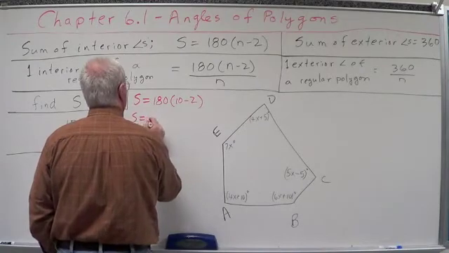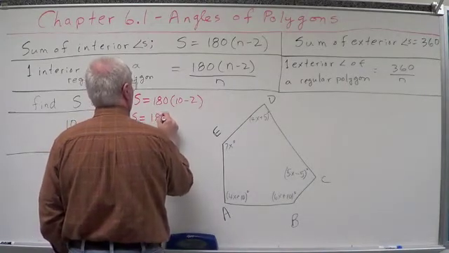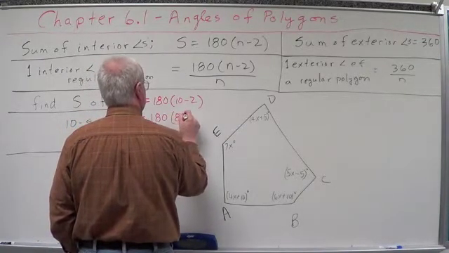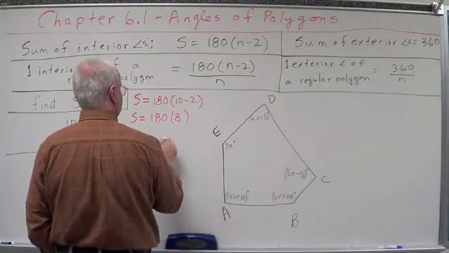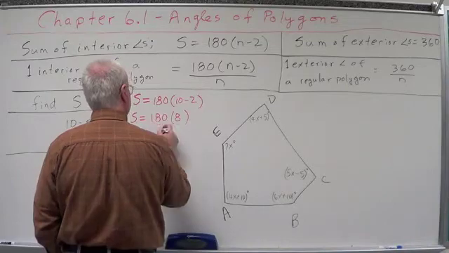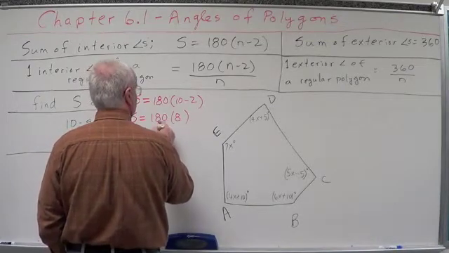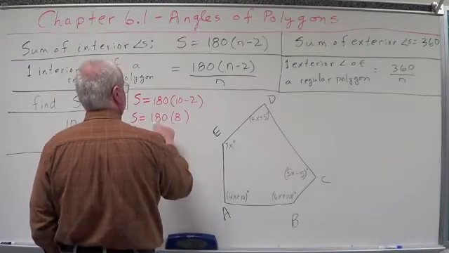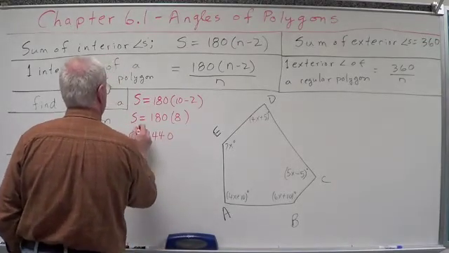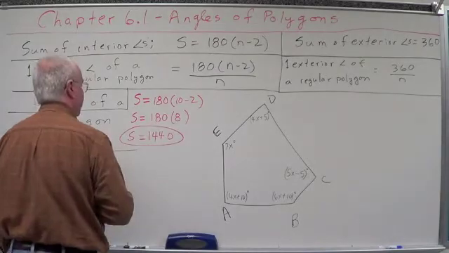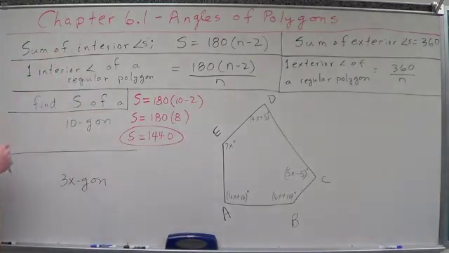So S equals 180 times 8. Alright, y'all help me out. S equals, that'd be 1440. So this is what we get for a tengon. Y'all check that out, make sure that's right, okay?